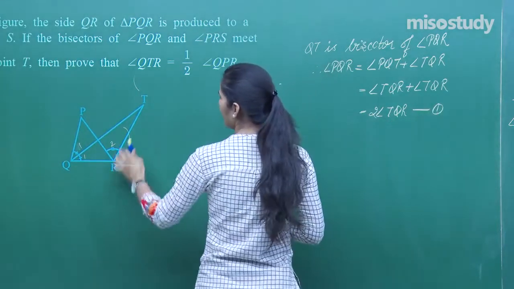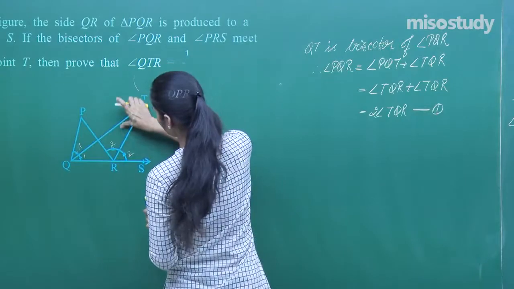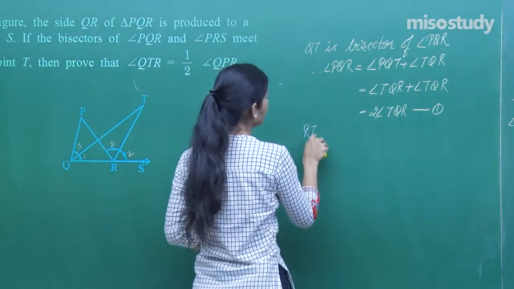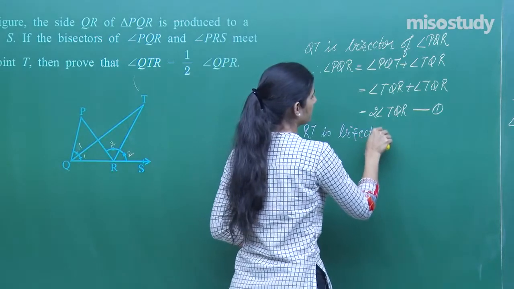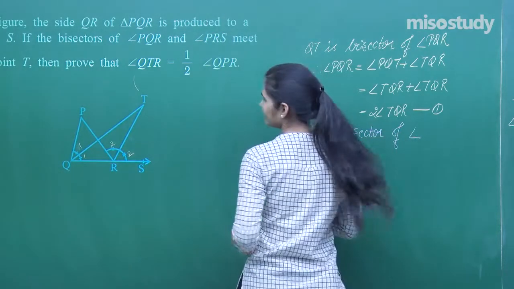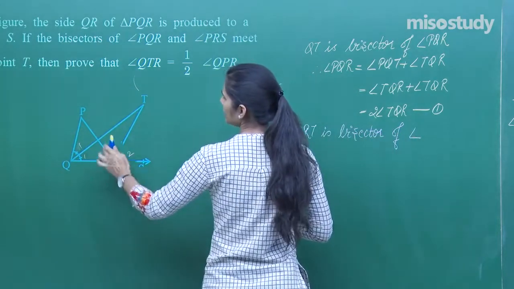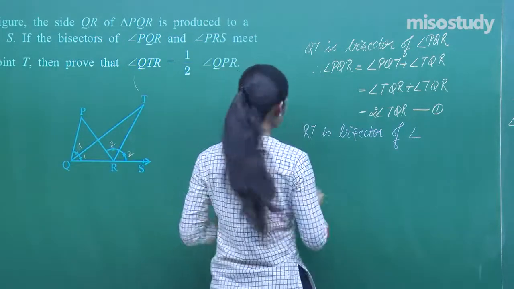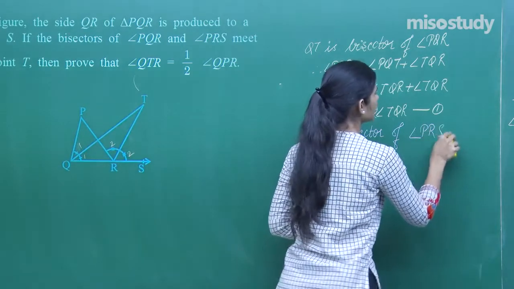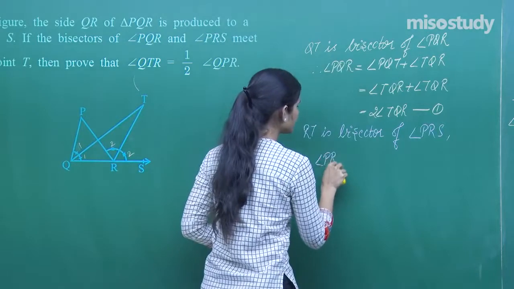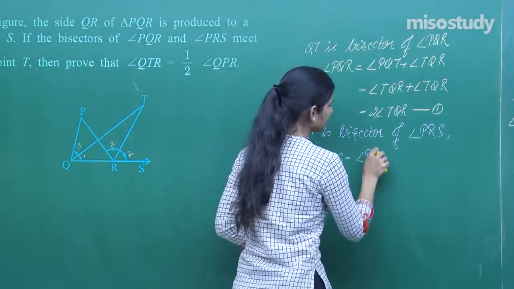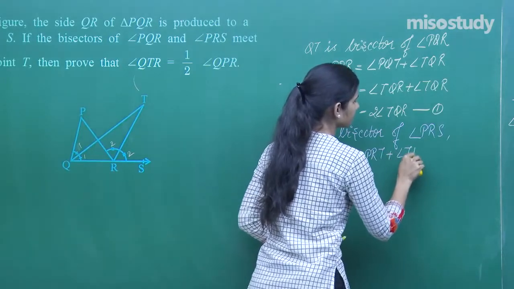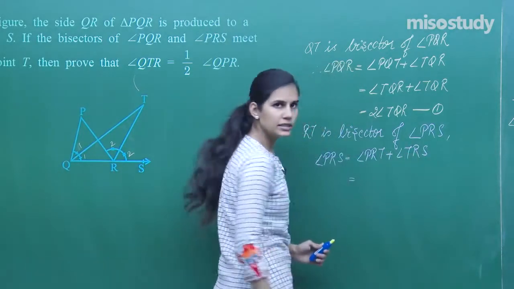Moreover, I also have RT is bisector of angle PRS, and therefore angle PRS, which is equal to PRT plus TRS, will be equal to what?